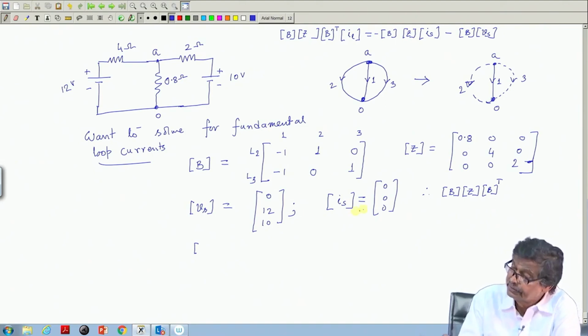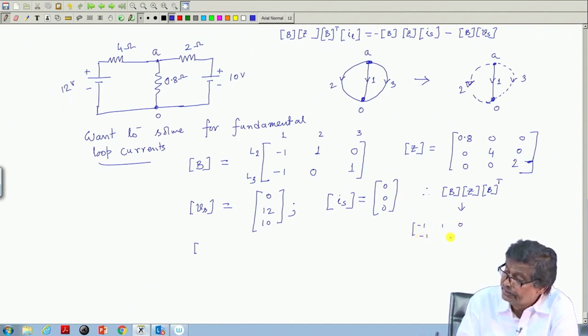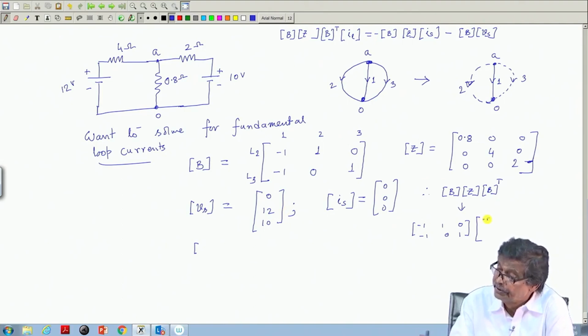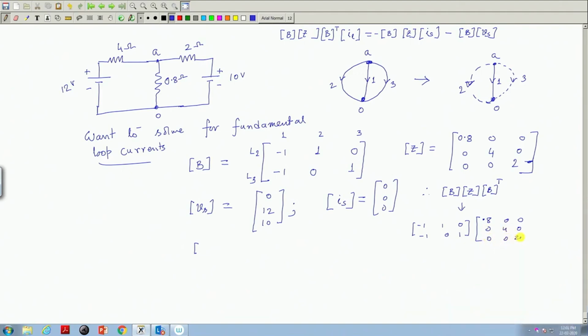B is already there, so this calculation means B, that is minus 1 1 0, minus 1 0 1. Z matrix is this one: 0.8 0 0, 0 4 0, 0 0 2, into B transpose. B is known, its first row becomes first column. So, minus 1 1 0 and minus 1 0 1.